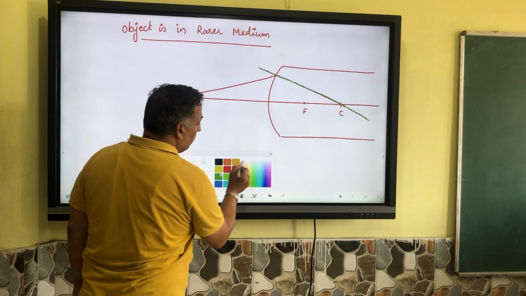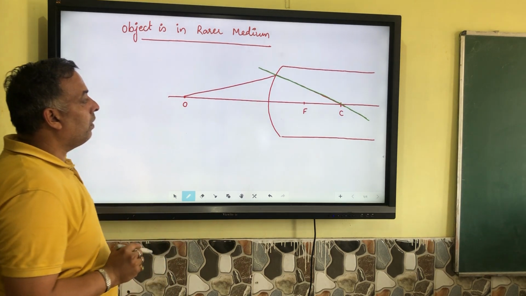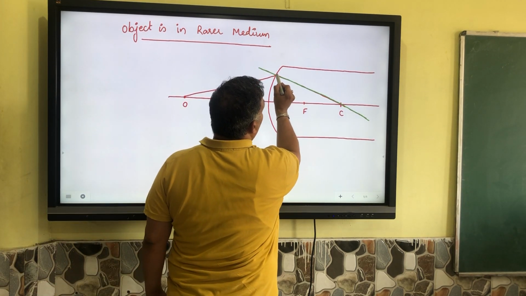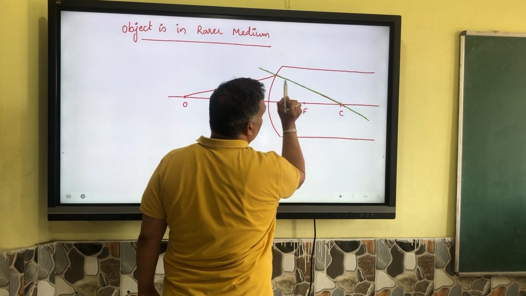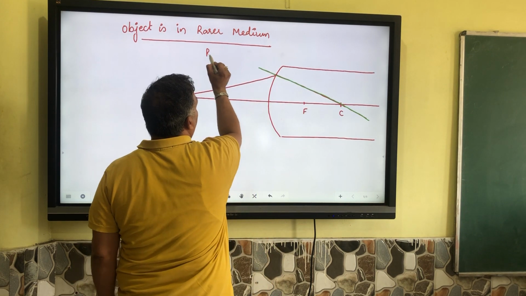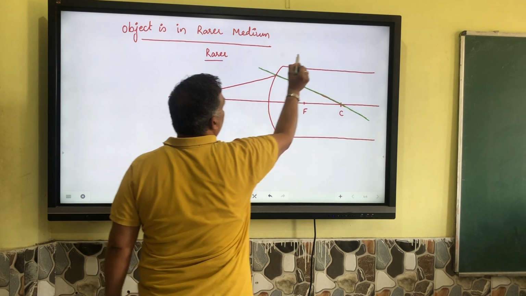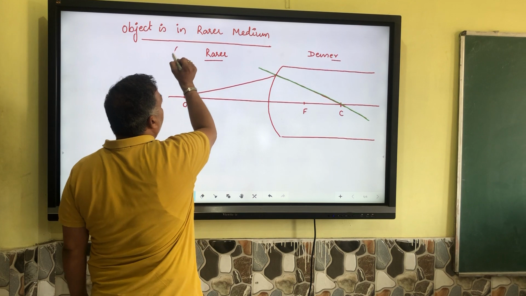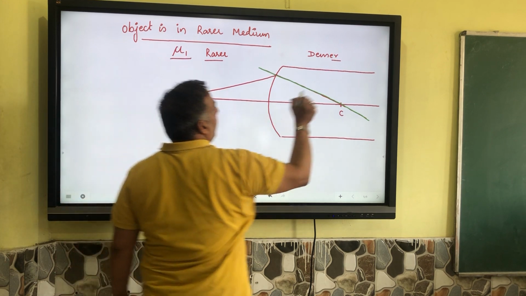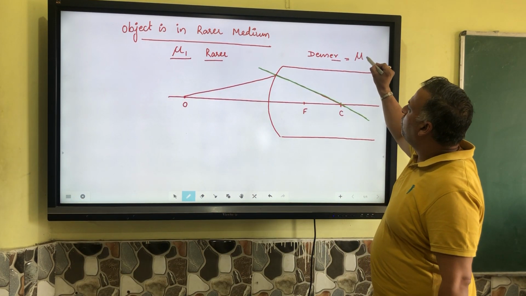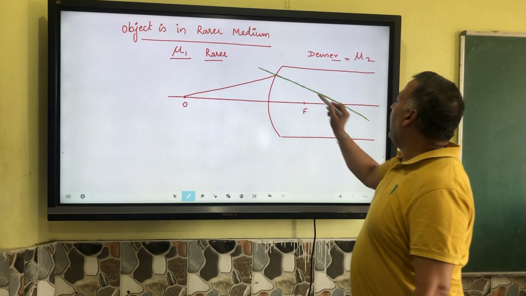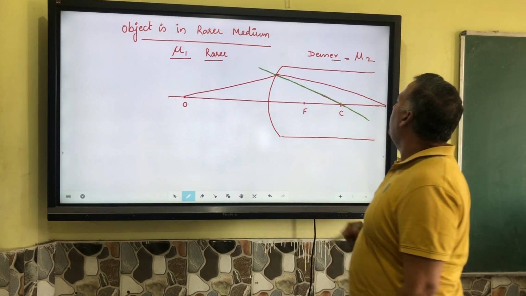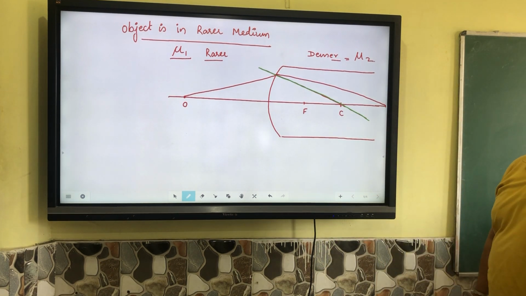Now this ray will bend when it is going from rarer to denser. This is rarer, this is denser. It has the refractive index mu1, and this has the refractive index mu2. Any ray going into that medium will bend towards the normal.